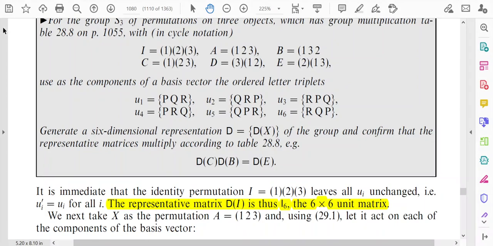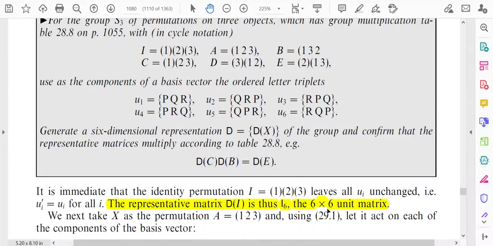So ultimately the general relation we can write is ui prime is equal to ui for all i. That is why for this identity element, the representative matrix Di is I6. I6 is a unit matrix, and definitely it should be a 6 by 6 matrix, because there are 6 elements in total.